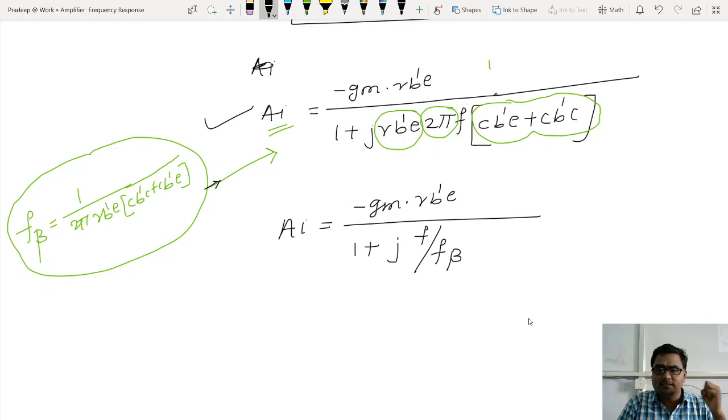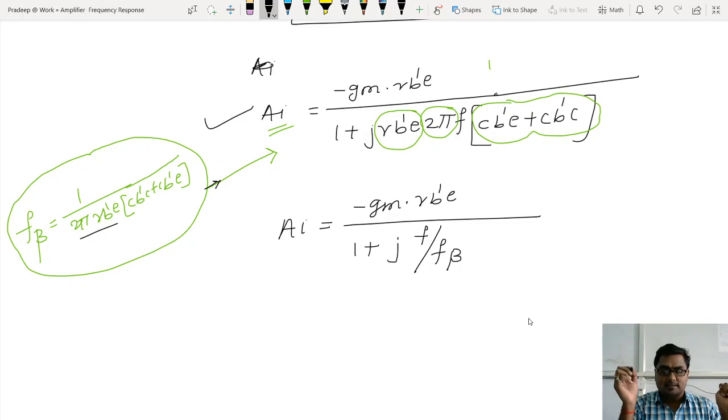Yes, I can find f beta. 1 divided by 2 pi R B dash E, everything is there. C B dash E plus C B dash C, yes, it is also there. So let me write it in the form of f beta. So this is the actual equation of AI.